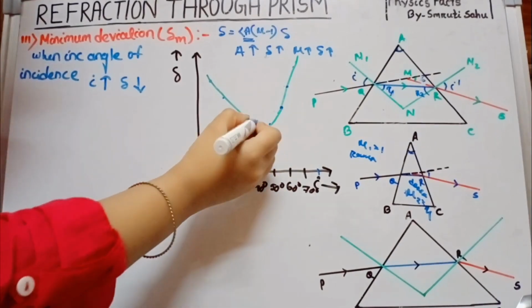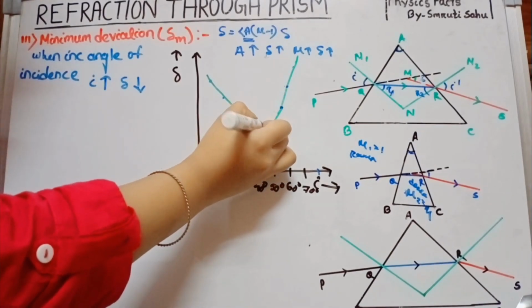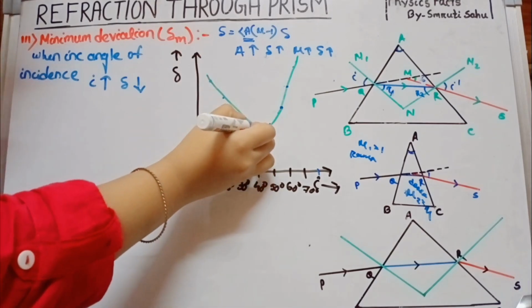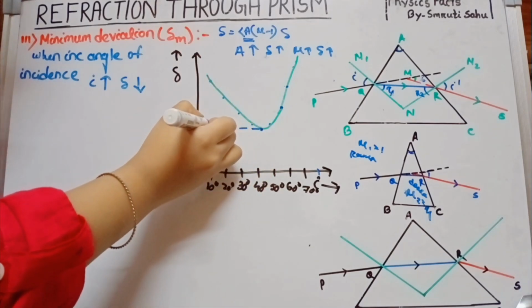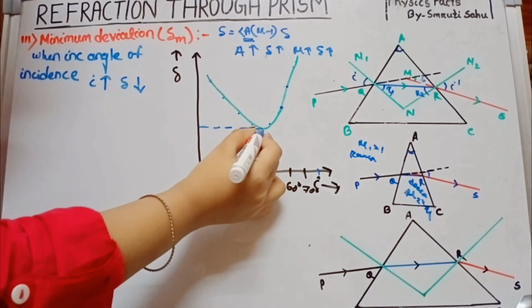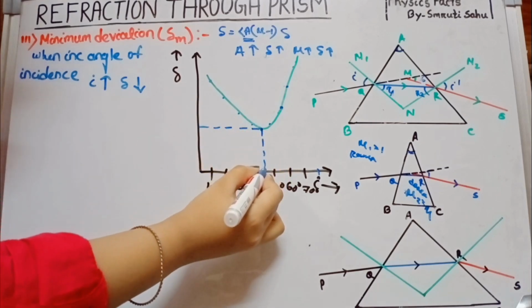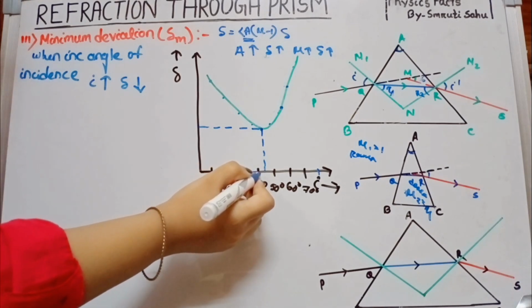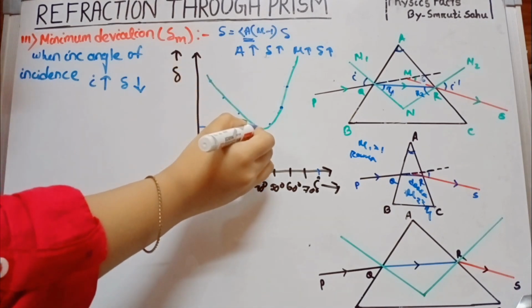that means for a particular value, we got minimum deviation. First, as we increase the angle of incidence, the angle of deviation gradually decreases.